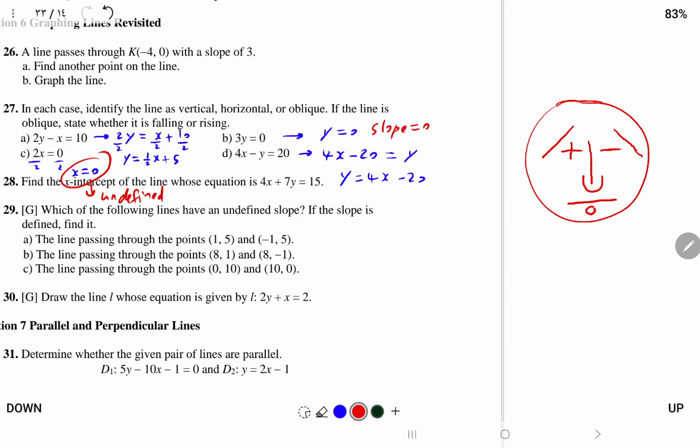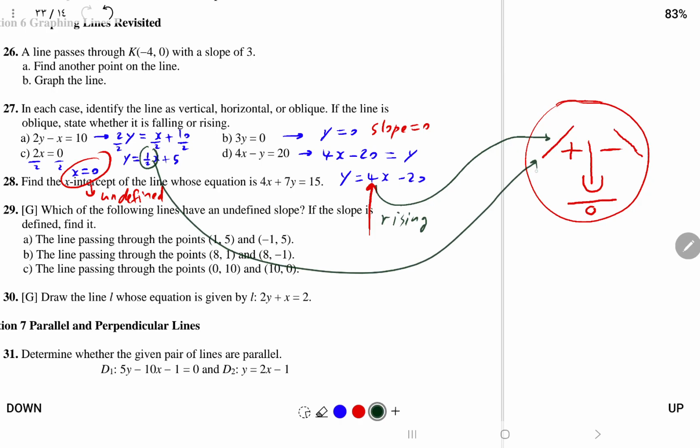Here the slope is positive, so this means it's rising because it's positive. And here also the slope is positive. Again we say this is also rising.